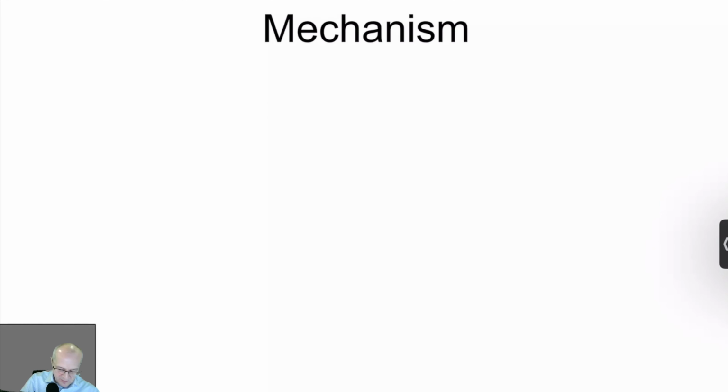So I'm going to draw my enol here. I'm just going to redraw the enol that I had in a previous slide. There we go. So this is the enol that we had on the previous slide.